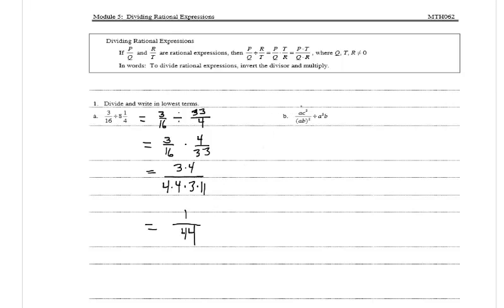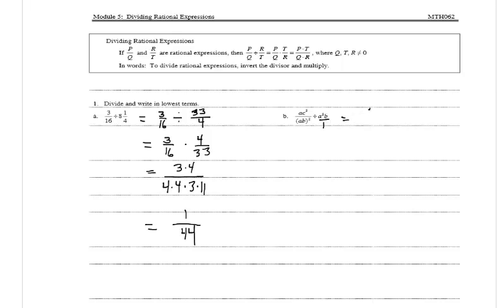In example B, we have a times c cubed divided by a times b all squared divided by a cubed b. And remember, we can rewrite a cubed b over 1 if we want to write it as a fraction. So now we want to invert the divisor.